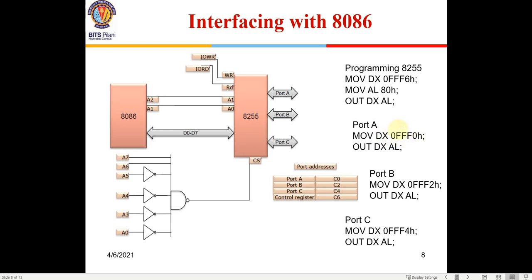The FFF could be anything, that depends on how you have configured the various address lines. So this is just an example. It will end with a 0. Then you do OUT DX, AL, and then port A will be connected to 8086. If you have to connect port B, you will have to give FFF2.